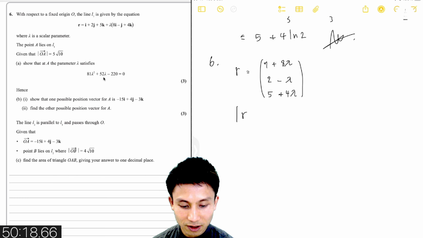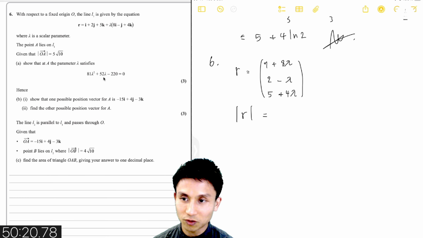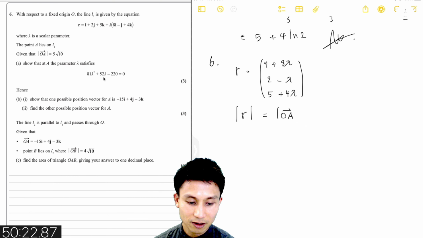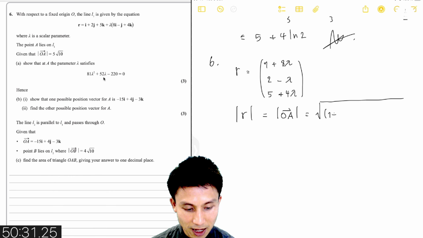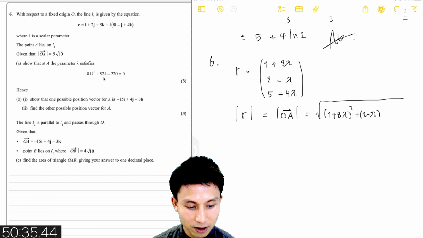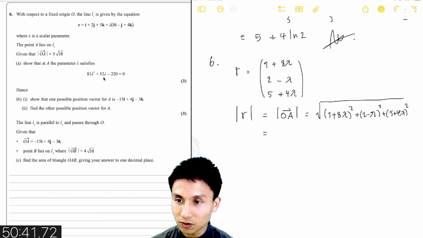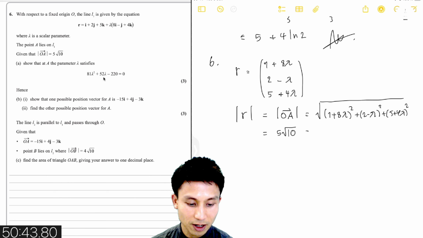So that means the modulus here would be equal to OA, which is the length of vector OA. And that would be doing the Pythagoras, guys. So it's basically just that squared, and that squared, all together. And that is to be put equal to 5 root 10, right?